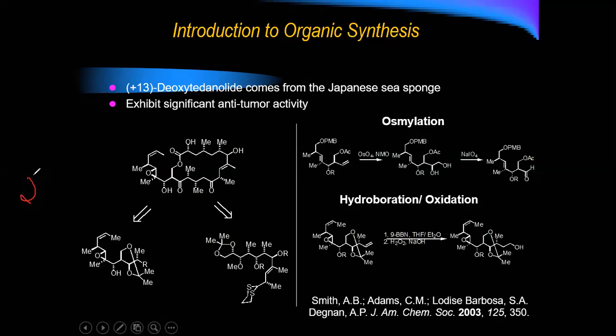It's 2 to the n, right? And n is the number of stereo centers. So 1, 2, 3, 4, 5, 6, 7, 8, 9, 10, 11 stereo centers. So it'll be 2 to the 11 stereoisomers.